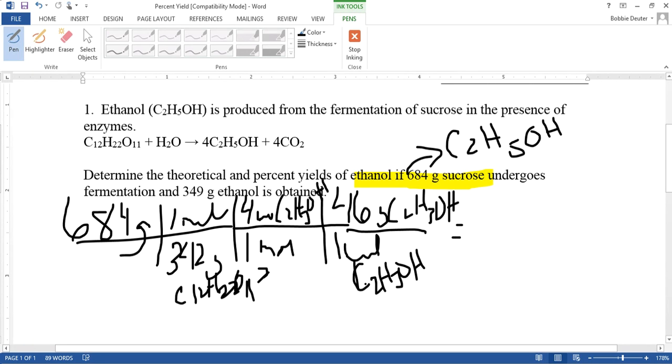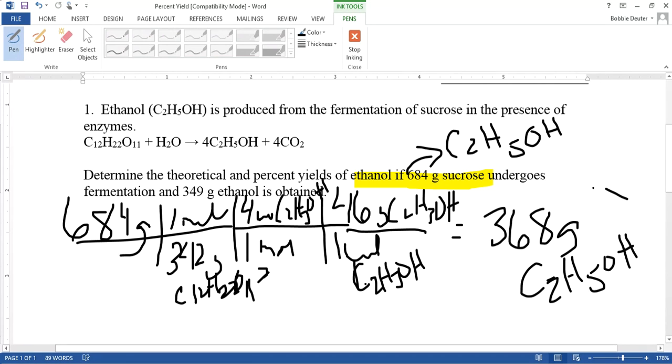Multiply that out, you get a theoretical yield of 368 grams of C2H5OH, and that's ethanol. Now, you want that to be close to 100%.